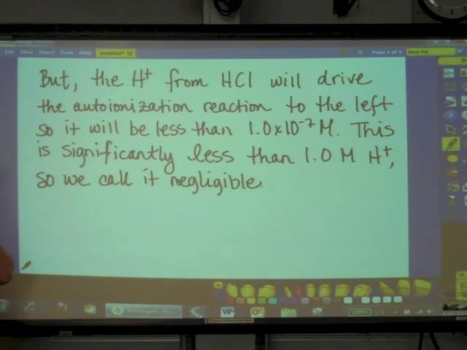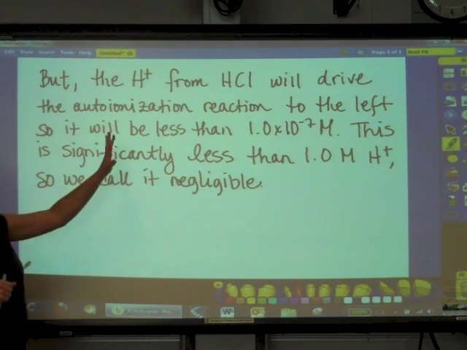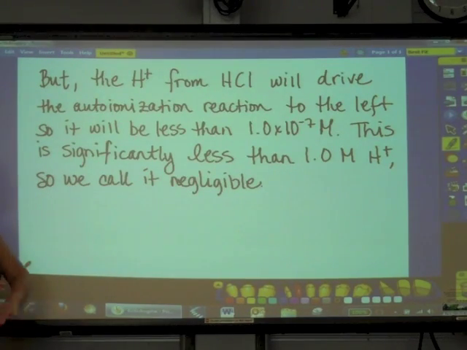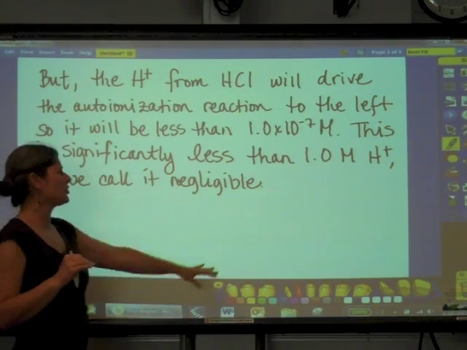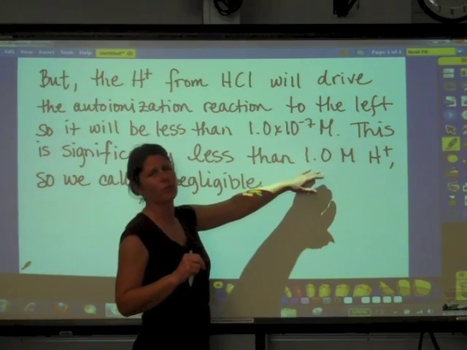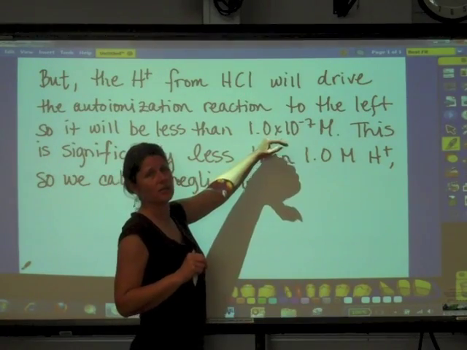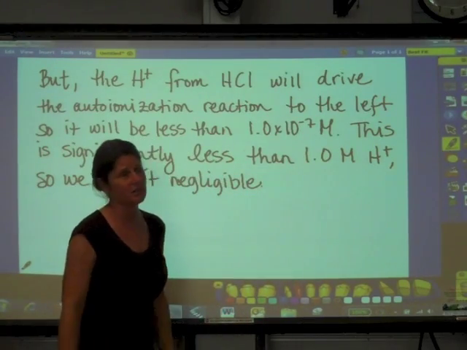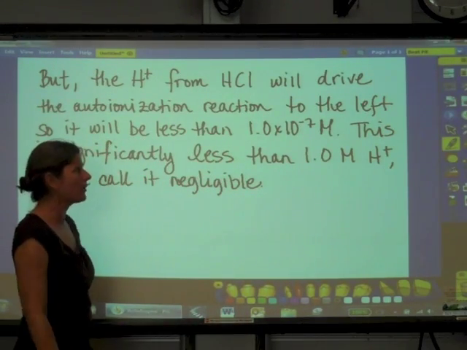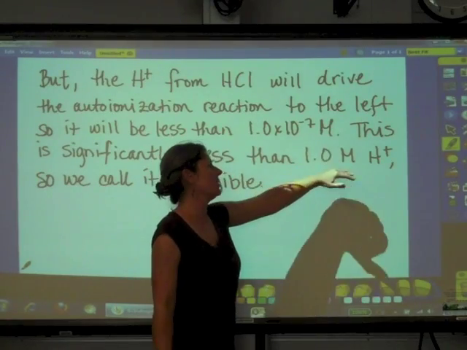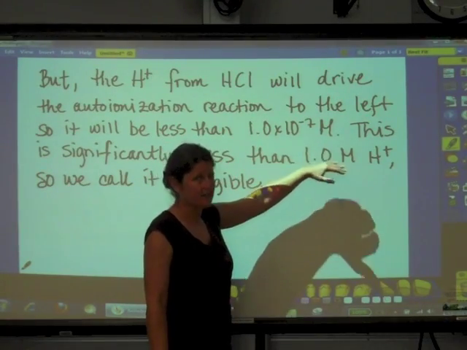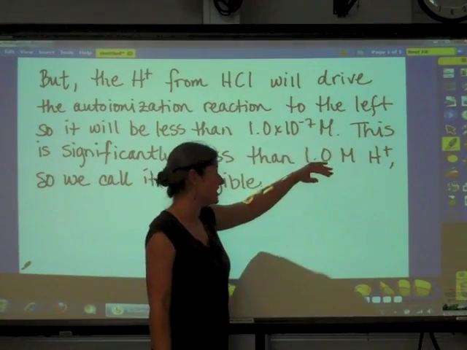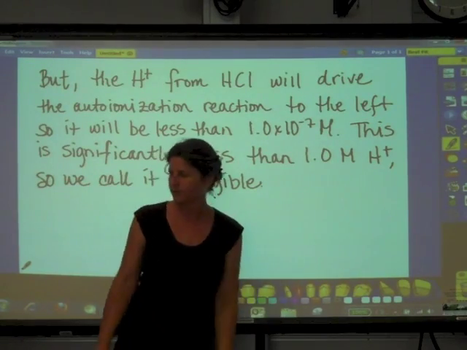Okay. So in this case, we're working with 1 molar HCl, much greater concentration, 1.0 molar hydrogen compared to this. And so we can say, we don't need to worry about the hydrogen that's coming from the autoionization of water. This is the hydrogen ion that is affecting the pH, that's dictating the pH level.